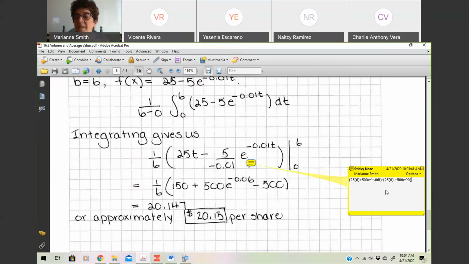If you take a look at what that gives you, this part is the 150 plus, this part doesn't change, 500 e to the 0.06. I'm just trying to break down the algebra a little more. Then I have minus 25 times 0 is 0, and 500 e to the 0, where e to the 0 is a 1.